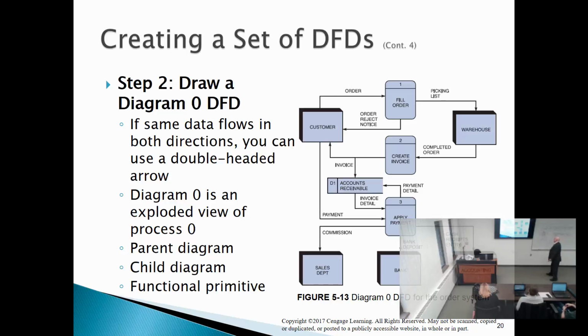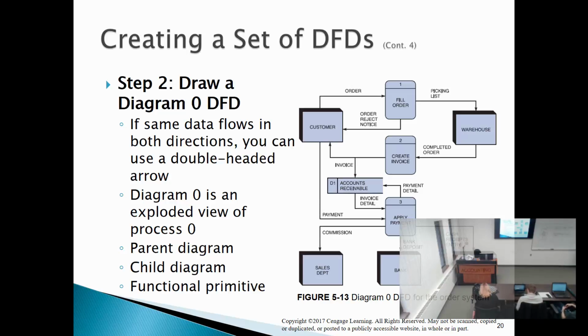Okay, so now we start breaking that diagram down into its component pieces. So, here is level 1 again. Overall, this is our order processing system. So again, we have the customer, the warehouse, accounting, bank, and sales department.